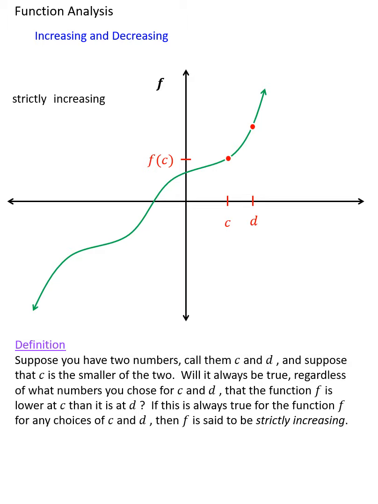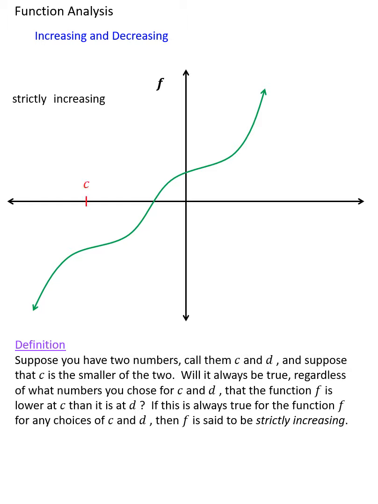This value here is called f of c, and this value here on the y-axis is called f of d. This should be relatively familiar to you. We'll notice that f of c, the function value at c, is smaller or lower than the function value at d. And so this seems to match the definition at the bottom of the screen.